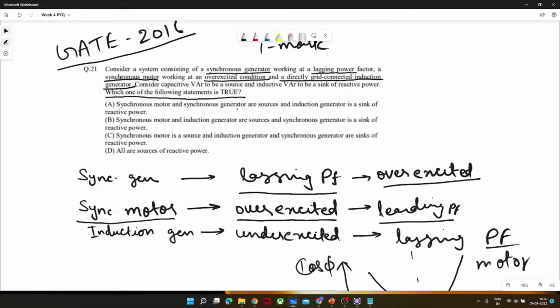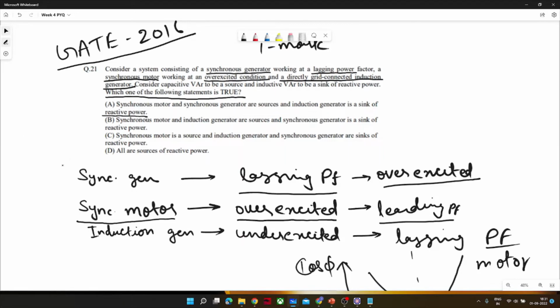Synchronous motor and synchronous generators are sources, and induction generator is a sink of reactive power. So what do you think about this statement? Is it correct or wrong? Here we have to identify the reactive power source and sink. Which one is working as source and which as sink? Source means which has more, sink means which has less. Sink has to receive, and source has to deliver.